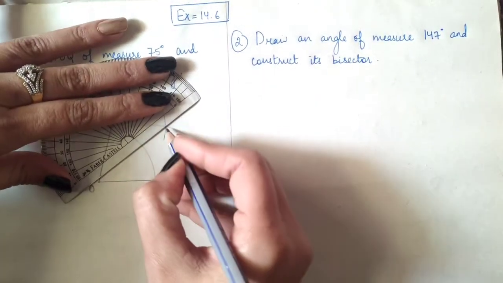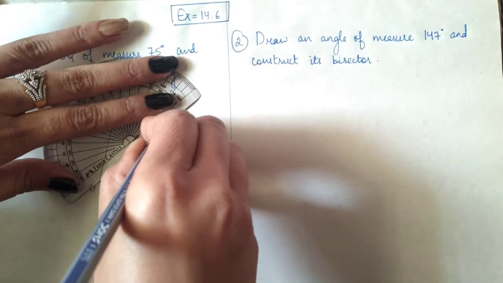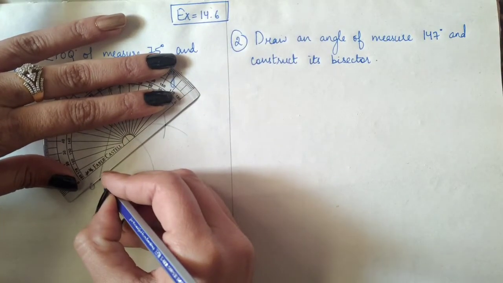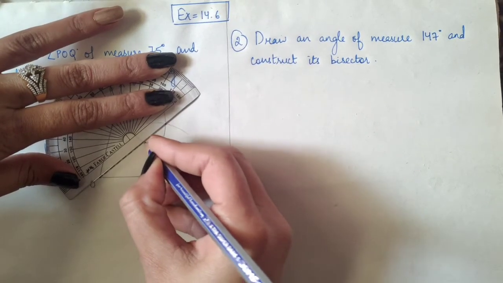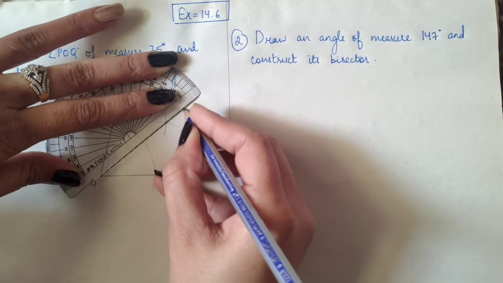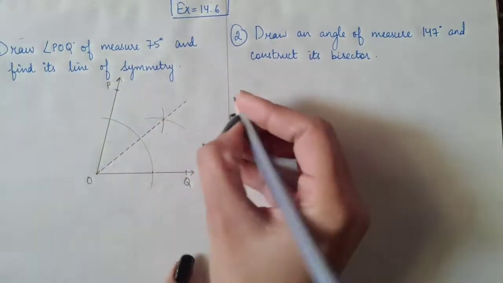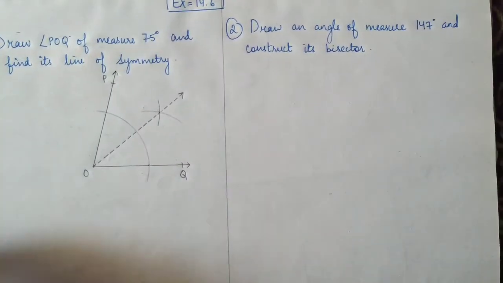And if we join them, we actually have drawn the bisector, or as it's mentioned in the question, the line of symmetry. I'm using dotted line. It just looks beautiful. That's why. You can use solid line as well. So that's how I have bisected this angle.